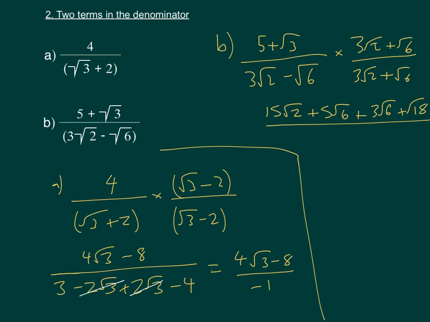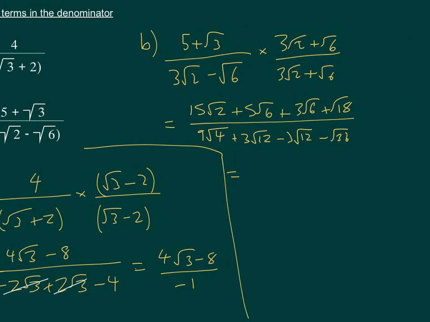On the bottom we're going to have 3 root 2 times 3 root 2, which is 9 times root 4, and 3 root 2 times root 6 is going to be 3 root 12. Then minus root 6 times 3 root 2 is minus 3 root 12, so they're going to cancel. And then root 6 times minus root 6 is minus root 36, which again is going to simplify.